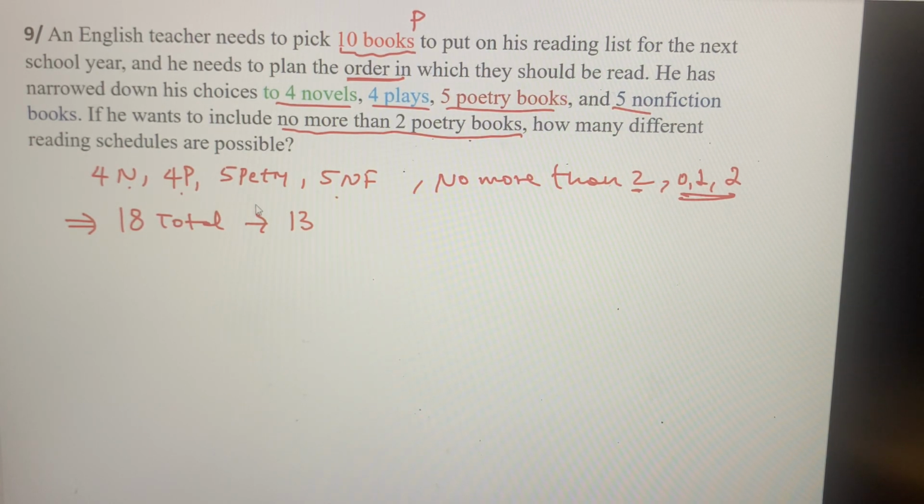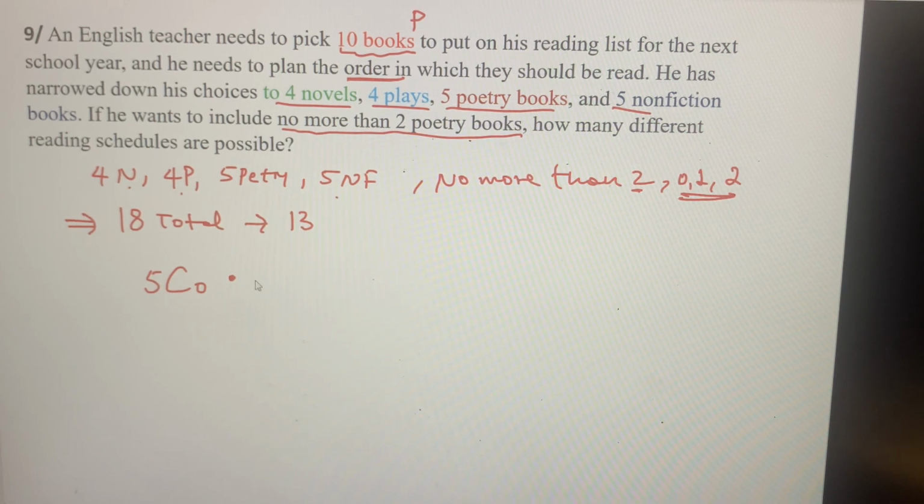Now the first scenario is this one. Out of the 5 poetry, since this is no more than 2, he can have 0. That means 5 combination 0. If you don't choose anything, that's possible, because no more than 2 means 0, 1, and 2. Then multiplied by, if you take 0 out of the 5, remember how many are left? 13, right?